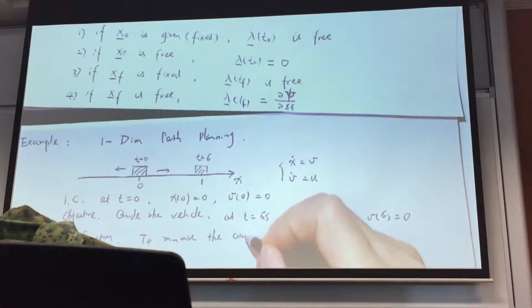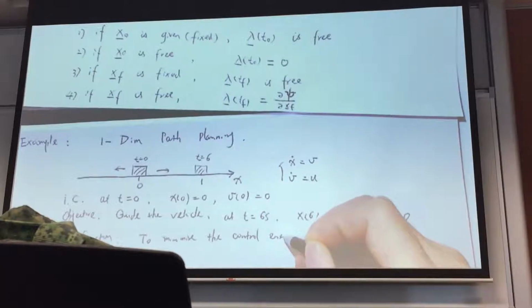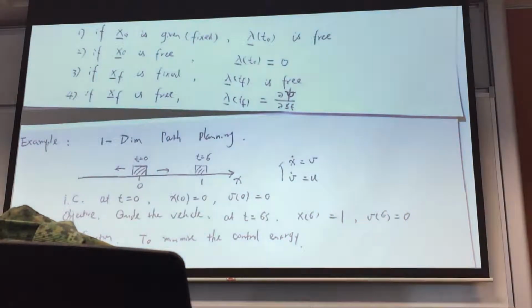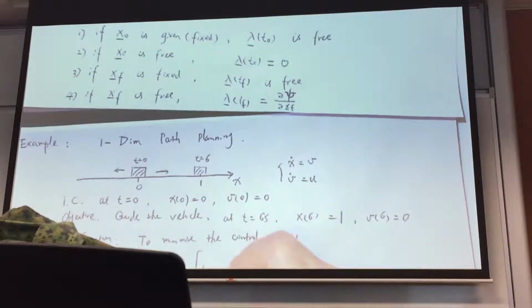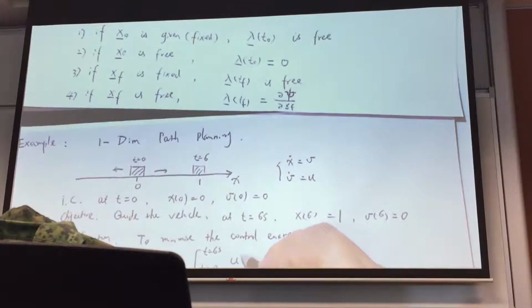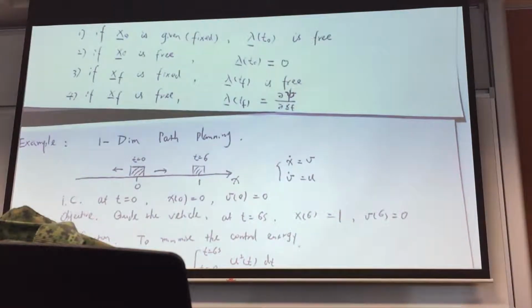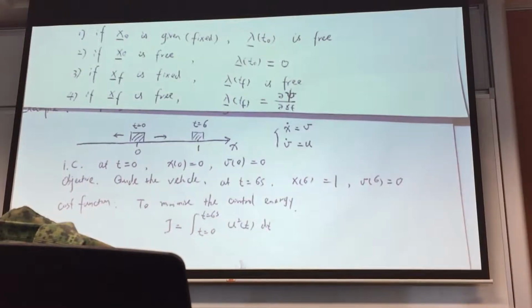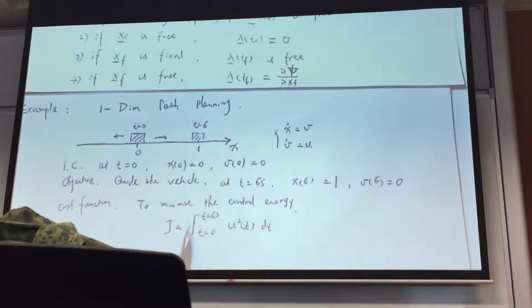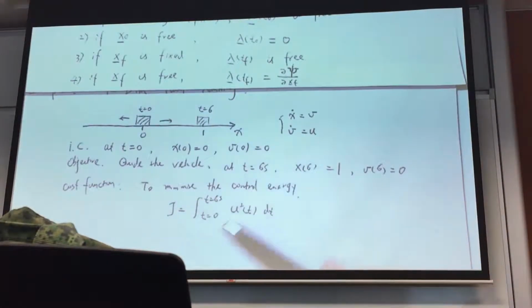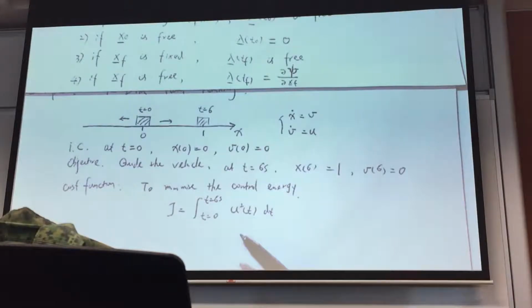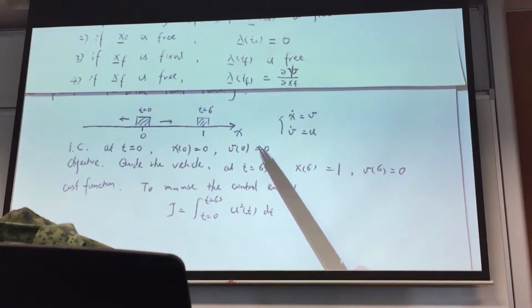The control energy can be defined by integration from 0 to 6 seconds of u(t) squared dt, which defines the whole energy applied to the vehicle. So this is the problem formulation. I think you still remember this problem.